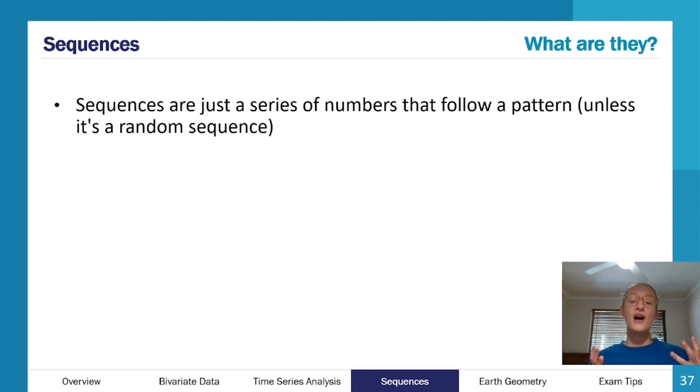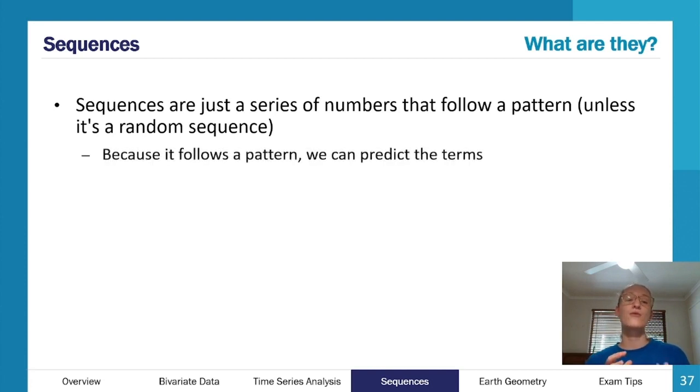So what are sequences? Sequences are just a series of numbers, and they generally follow a pattern, unless of course it's a random sequence, because by definition a random sequence doesn't really follow a pattern. But the sequences we're looking at do follow a pattern, and there are two different types we're going to be looking at: arithmetic sequences and geometric sequences.